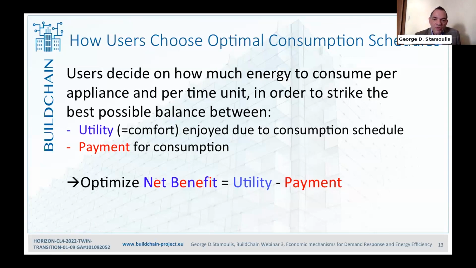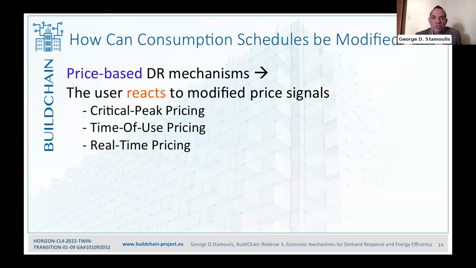If I consume less, I will have a discomfort, but I will pay less. So we have to find the optimal point, and this optimal point corresponds to the optimal schedule of energy consumption for each user. So in DR events, we have to modify the optimal schedule.